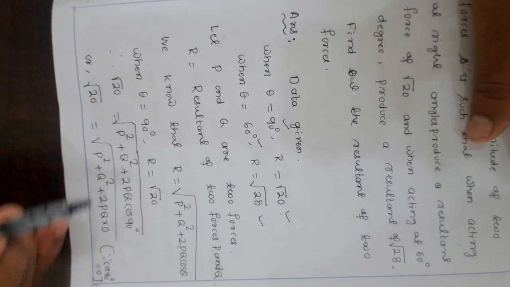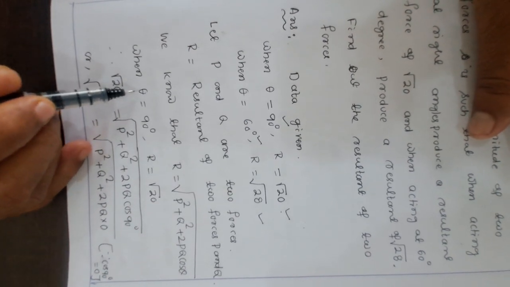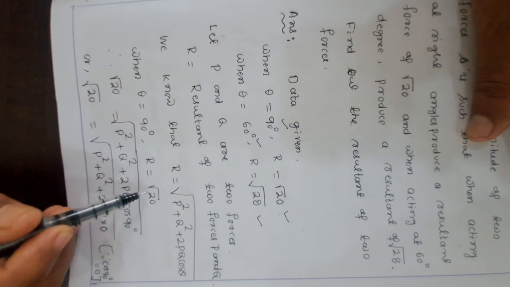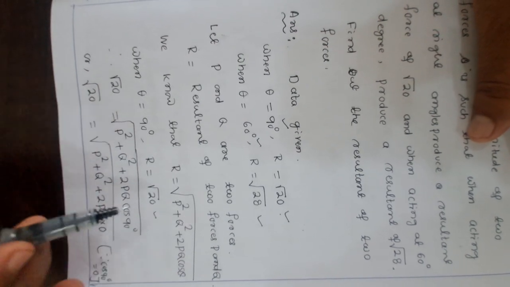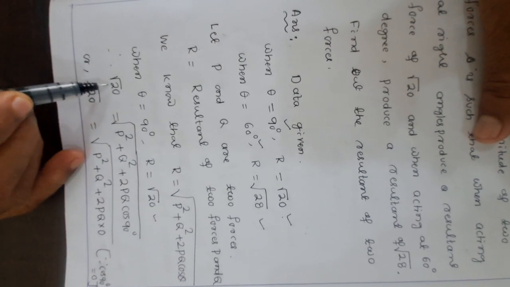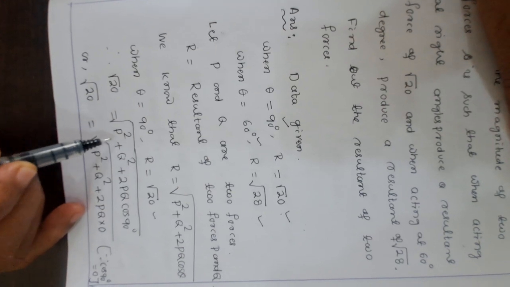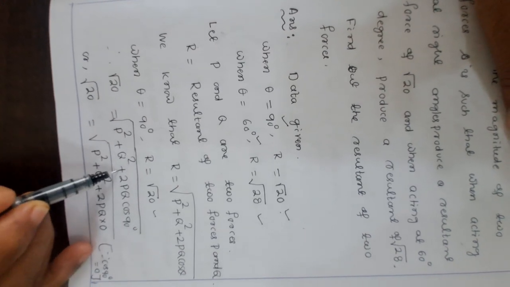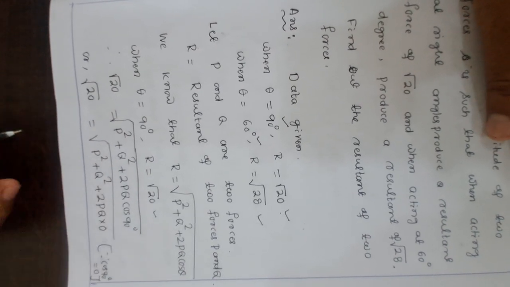Here, when theta is equal to 90 degree, R is equal to root over 20. After putting the value, root over 20 is equal to root over P square plus Q square plus 2PQ cos 90 degree.